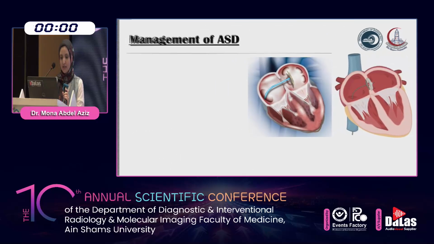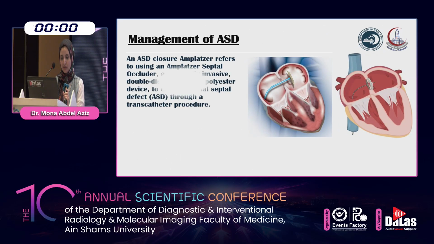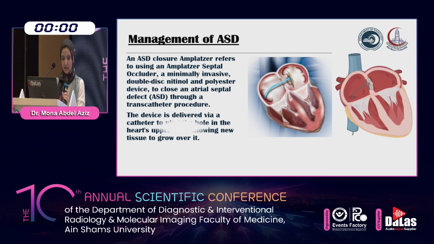We have also a recent technique for management of ASD using a closure device. It's a minimally invasive double disc made of nitinol and polyester to close this hole through a transcatheter procedure, allowing new tissue to grow over that device.